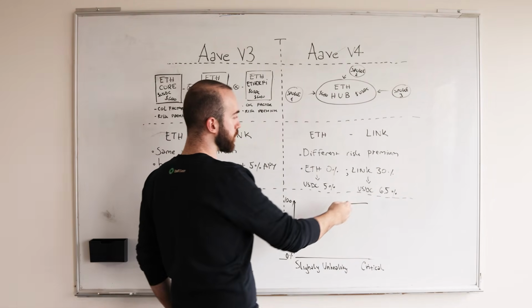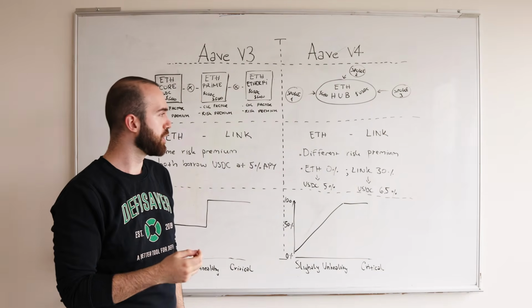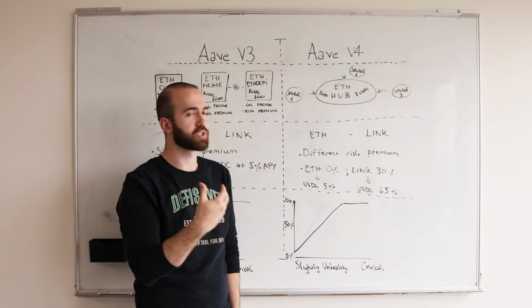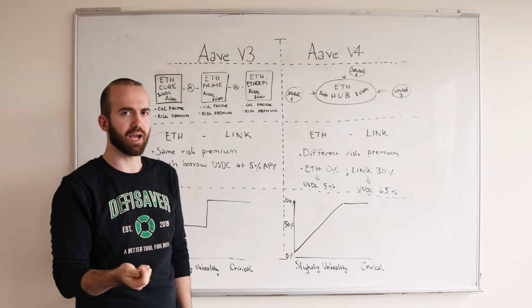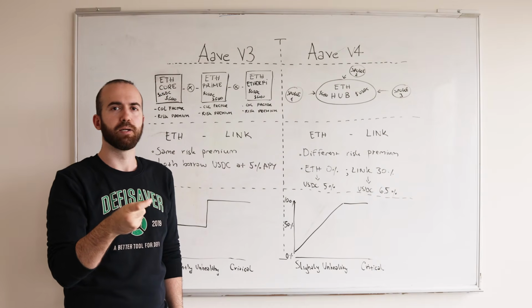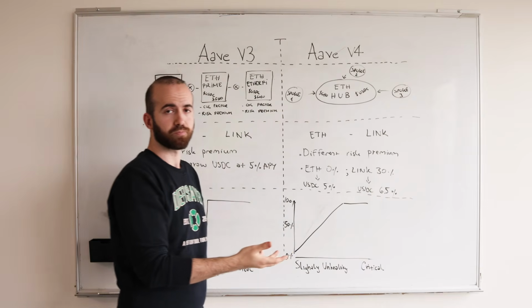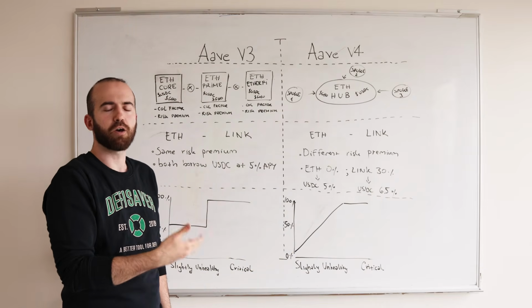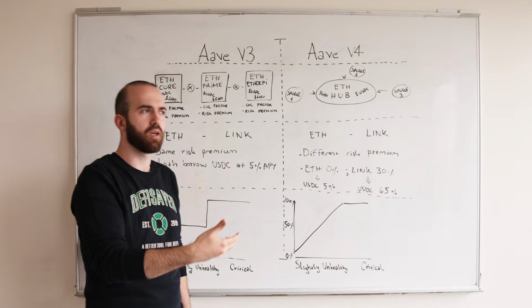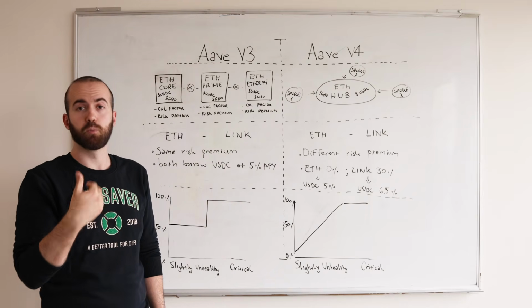Now, if somebody wants to borrow with the Link that has a 30% risk premium, it's actually going to be able to say, okay, you want to supply a riskier asset. This metric is going to help us adjust your borrow APY to, in this case, 6.5%. The idea being that now the protocol is able to say, hey, if you're going to be using riskier assets, you're going to be paying a bit more.